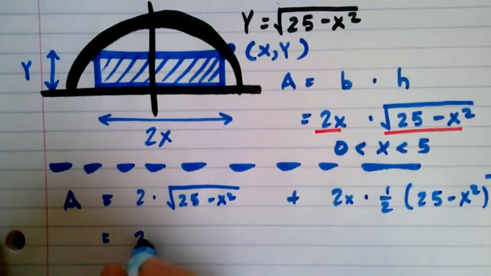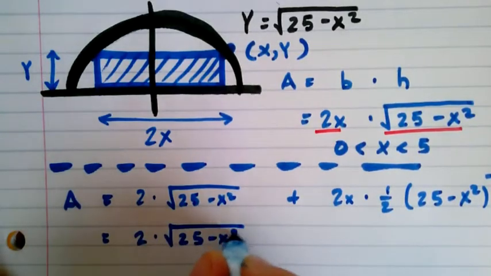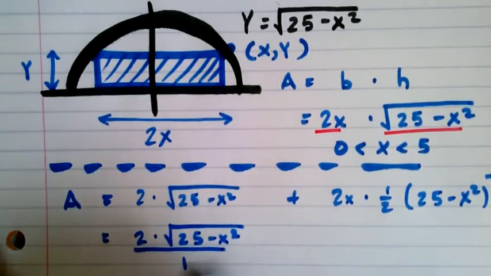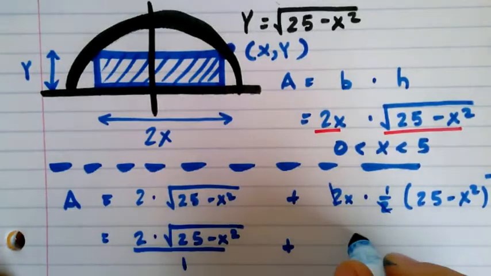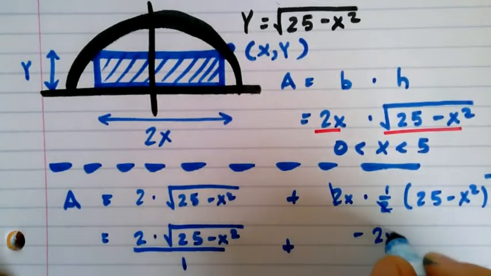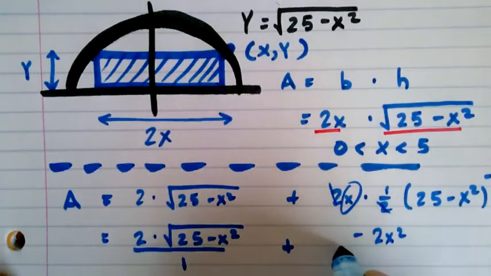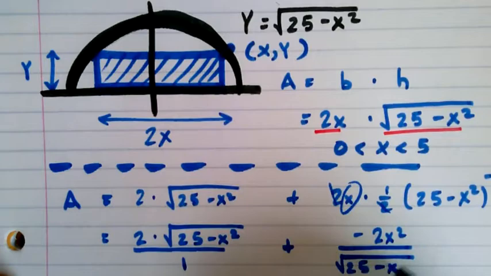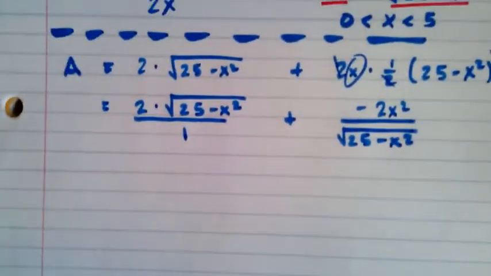That rewrites as 2 times this all over 1 plus cancel, cancel, negative 2x squared. See, it's squared because I got one right there and another one right there. All over radical 25 minus x squared. We want to set this bad boy equal to 0.